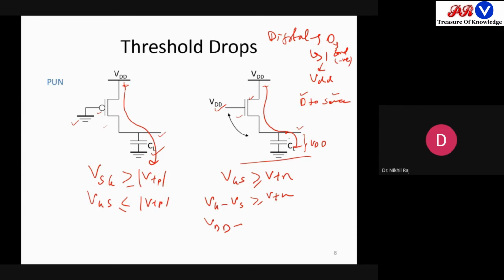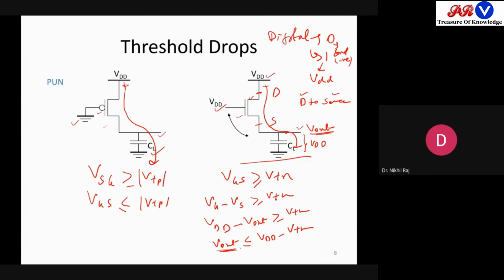The drain is always provided the higher supply, so definitely this is the drain and this is the source. Let's say this terminal is Vout. So VDD minus Vout should be greater than or equal to VTH. This means Vout should be less than or equal to VDD minus VTH.